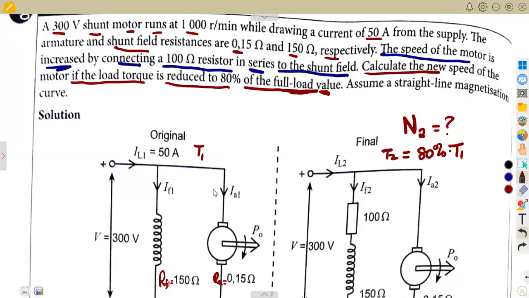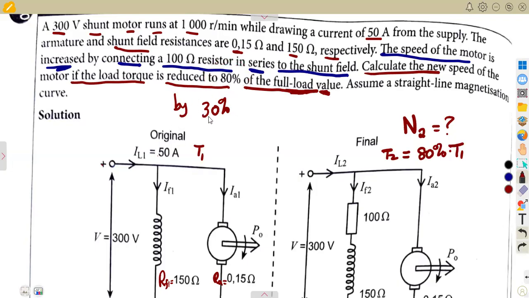Take note, they can say it is reduced by 30% of the full load. This is different to this one, where it is reduced to, that is, it is given to that value. It is now at this value.